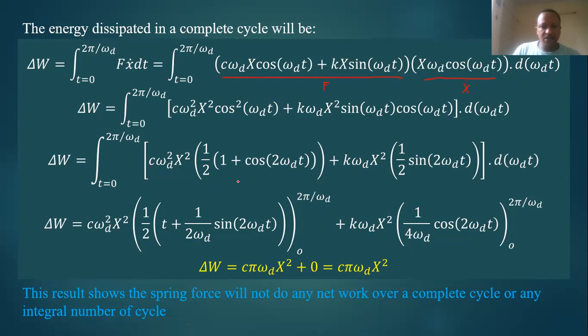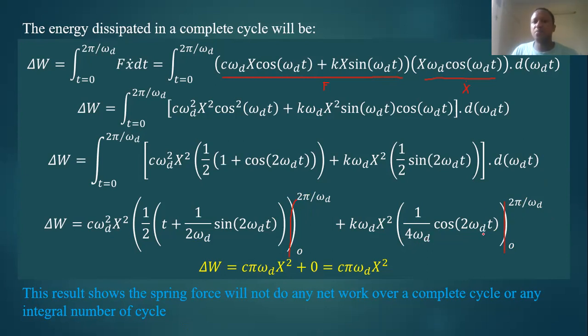And then we also have some trigonometric relations here that must be applied to this formula. Here also we can put it like this. So finally, what we get is c pi omega d X squared plus 0. This part, if we substitute the limits 0 to 2 pi over omega d in this equation, gives 0.